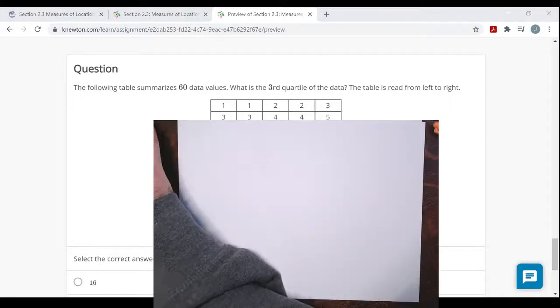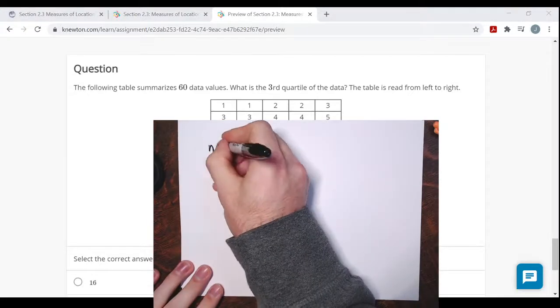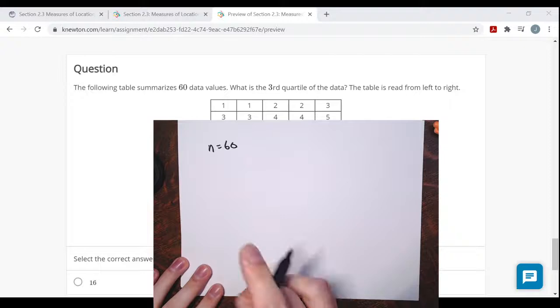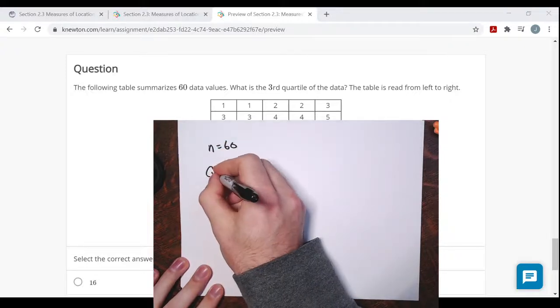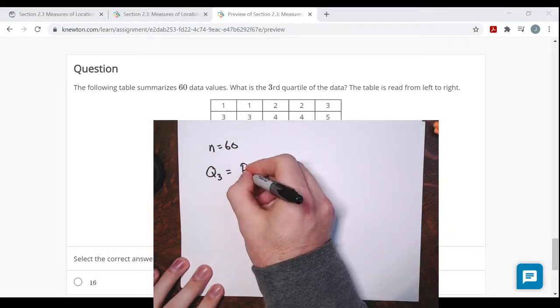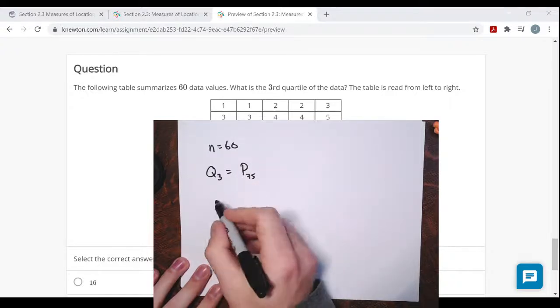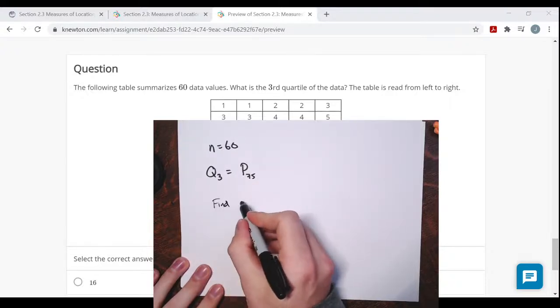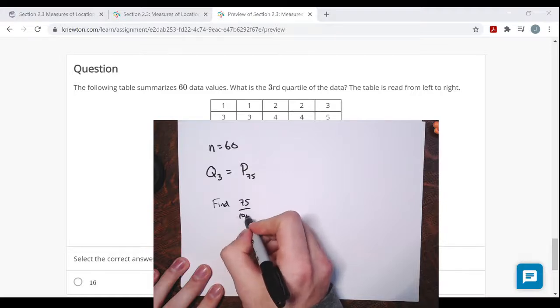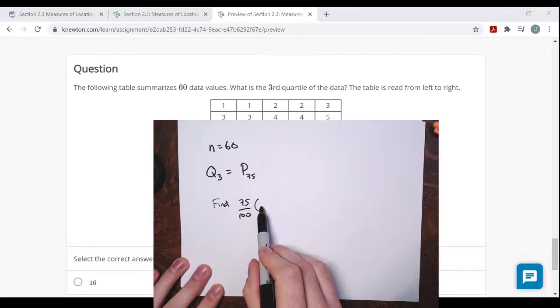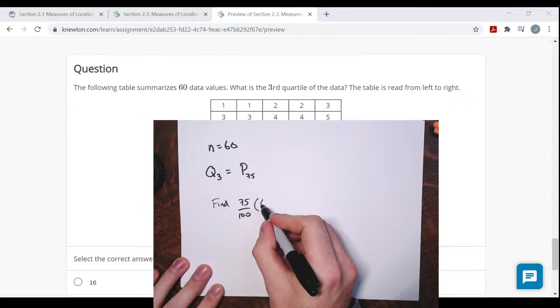Again, we have n equals 60. We're finding the third quartile. Now the third quartile is the 75th percentile, P75. So I'm going to find 75 out of 100 times n plus 1, so times 61.